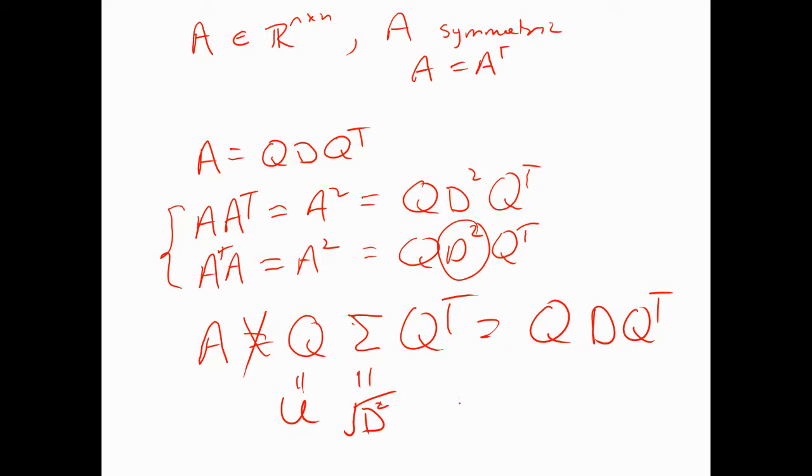Instead, V_i will be equal to U_i if D_ii is greater than or equal to 0. Otherwise, we'll choose V_i to be equal to negative U_i.